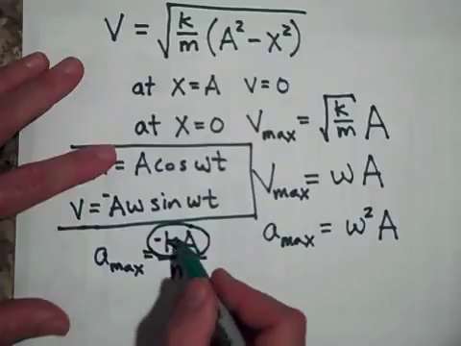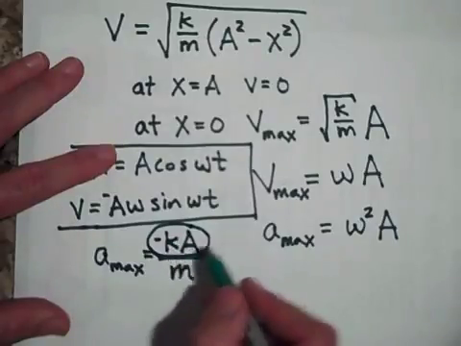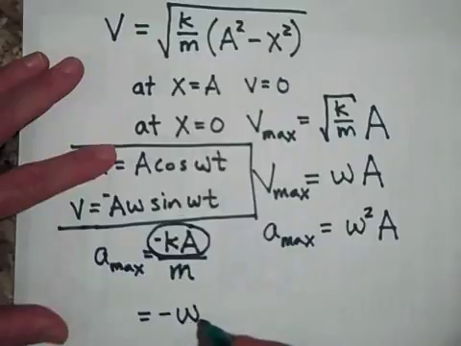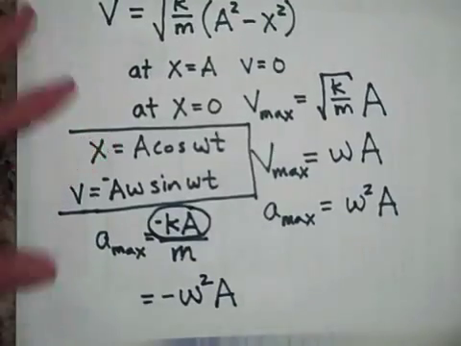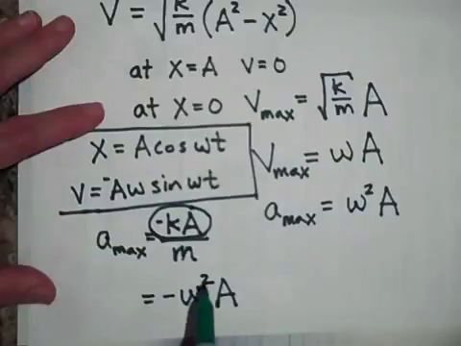Now, if you notice, k over m is omega squared. So you get your maximum acceleration when it's omega squared A.